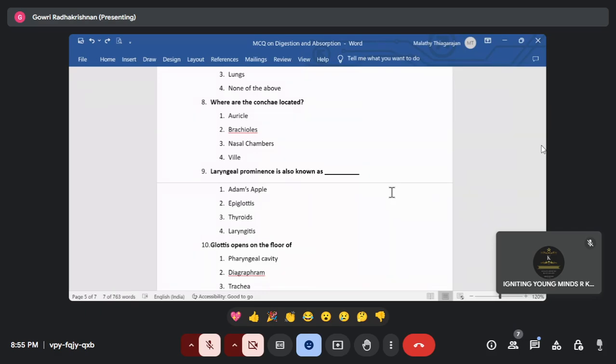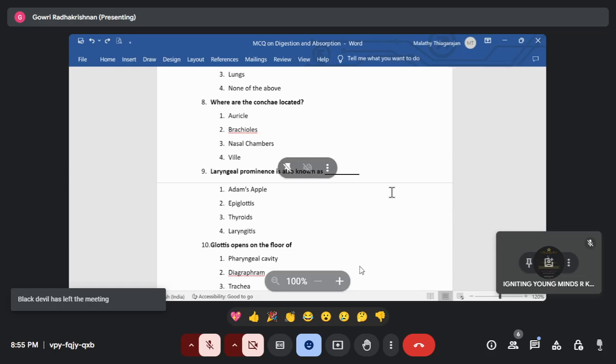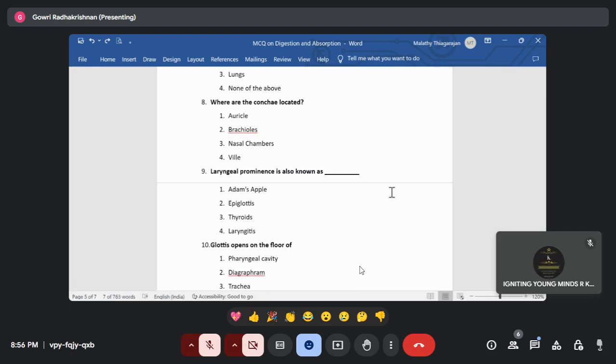Ninth, laryngeal prominence is also known as?